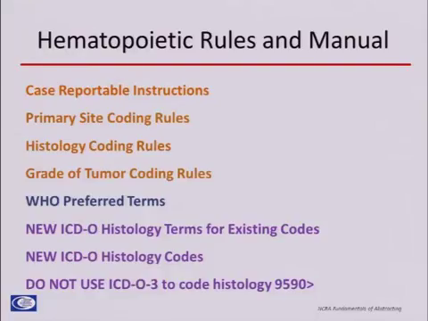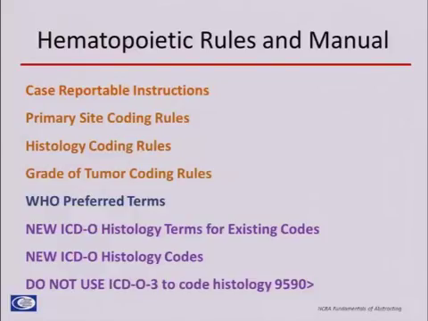So here are the rules in the manual, what's in the PDF and what's in the database. And again, do not use ICD-O-3 to code any histology 9590 or higher. Okay? Now, when I use my ICD-O-3, I always use the numerical listings, not the alphabetical listings. So I just go to the numeric and cross out everything 9590 and higher.